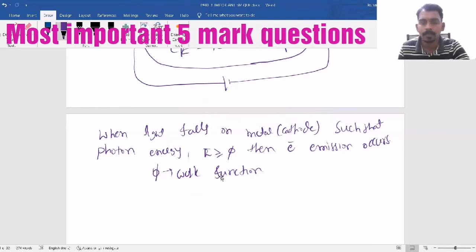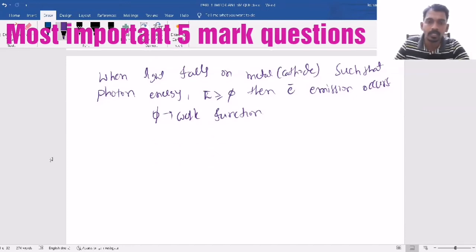Now the photon energy, because Einstein gave the explanation that when light falls on the metal surface, that light is nothing but a sum of small packets of energy, and each packet of energy we call a photon. One electron can take only one photon energy, and if that energy is sufficient, then the electron will come out; otherwise the electron will just get excited and go back to the same level.